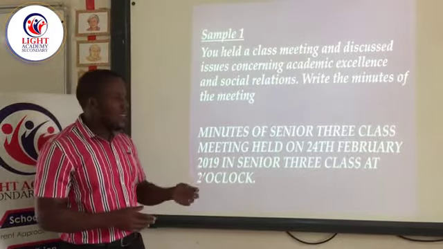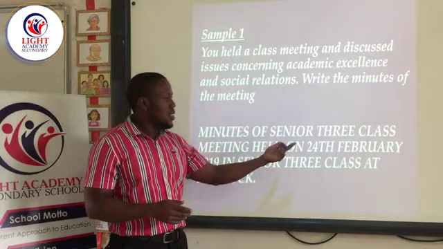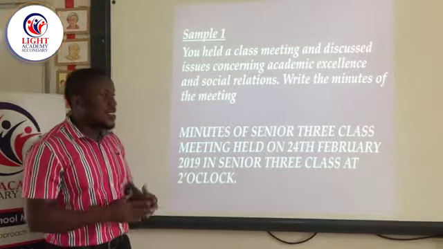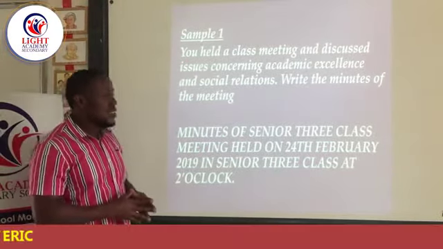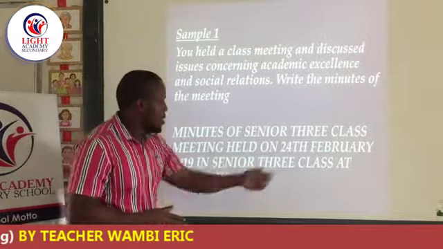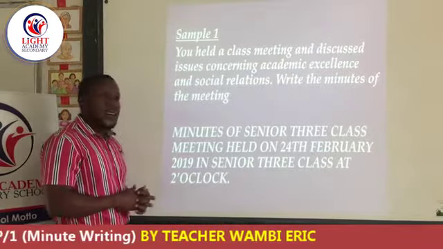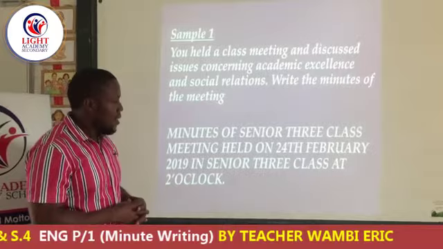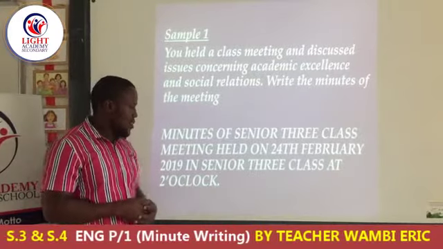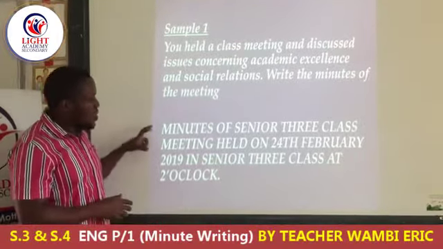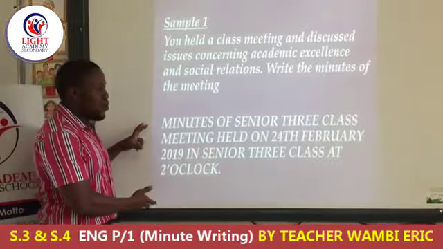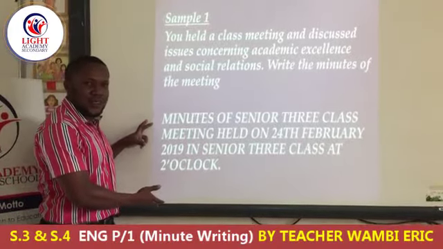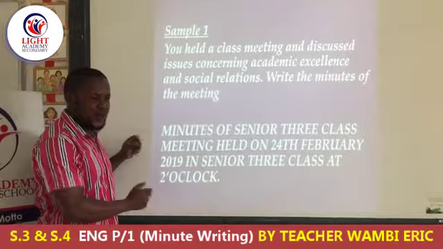It must also capture the group that is meeting. Here we have our senior 3 class that is meeting. The date, as you can see, 24th February 2019. And then the venue, senior 3 class, and then the time. So with this alone, you qualify for your marks for format, for the title.